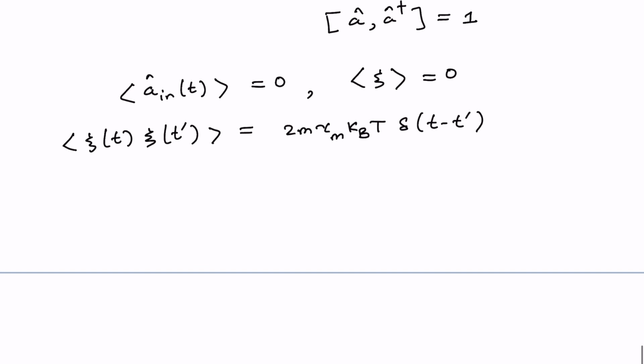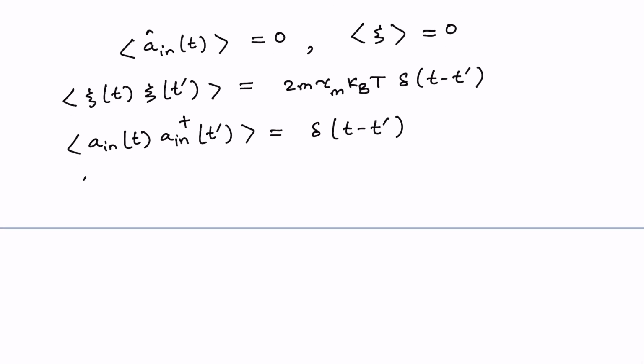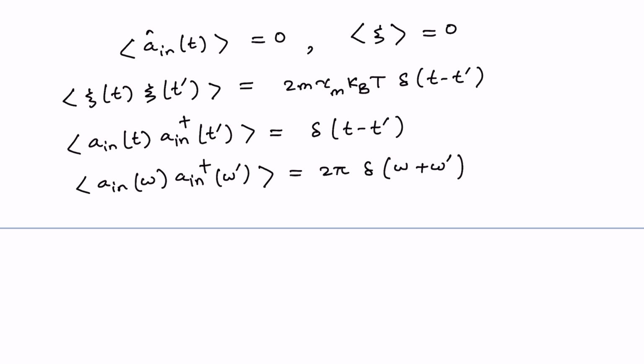Then the other input noise, A in at t and A in dagger at t dash, the vacuum fluctuation noise at different times, satisfies delta of t minus t dash. And in the frequency domain, A in at omega and A in dagger at omega dash gives 2 pi times delta of omega plus omega dash.